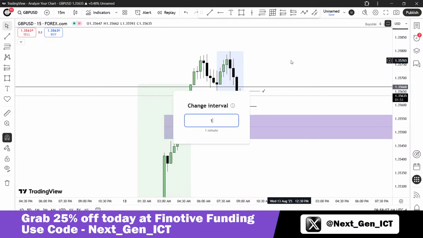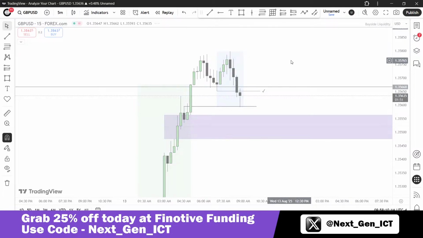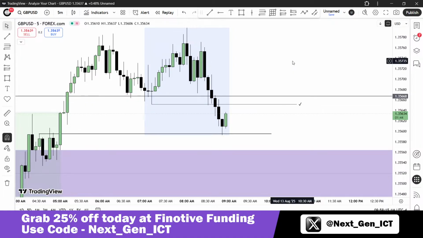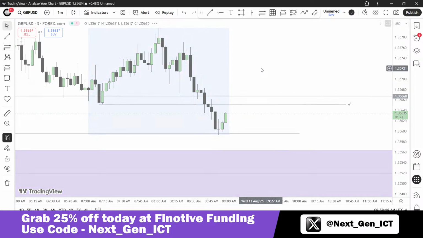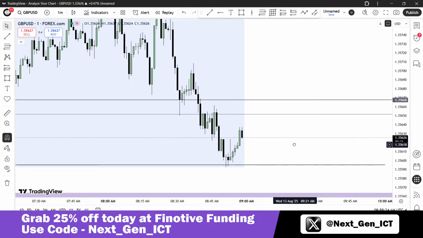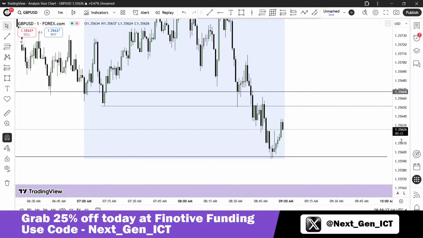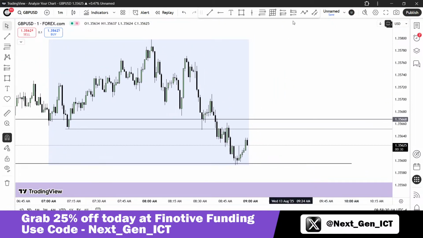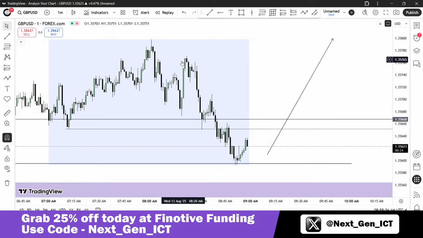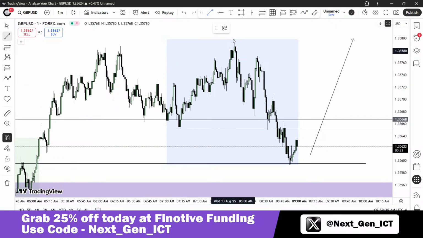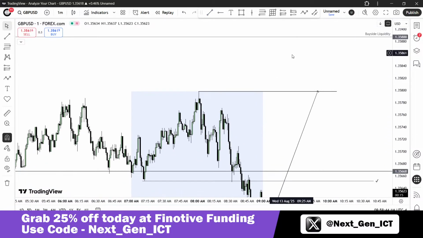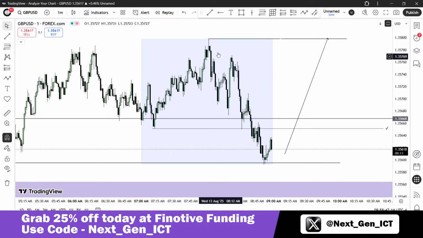Let's see a 5 minute chart. This could be a nice market maker buy model right here, targeting that high. And if it reaches up to that high, then you could also target this daily high, if it does reverse from there.